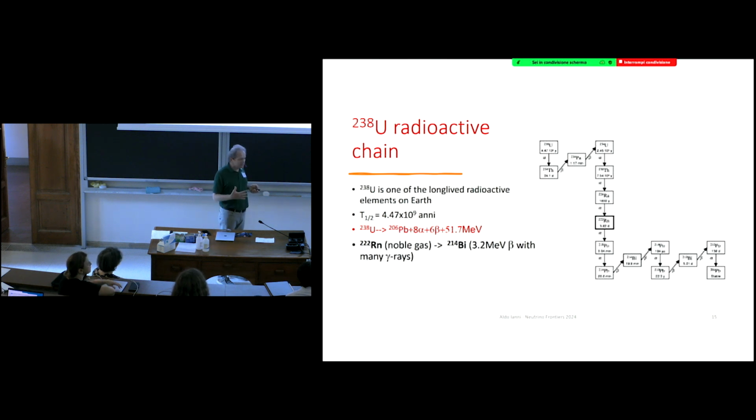So in that case, the activity along the chain can be different. And this is a crucial point. In addition, for uranium, there is radon, which is a noble gas, so it can move around easily. And this noble gas produces a beta decay with many gamma rays contaminating our detector.